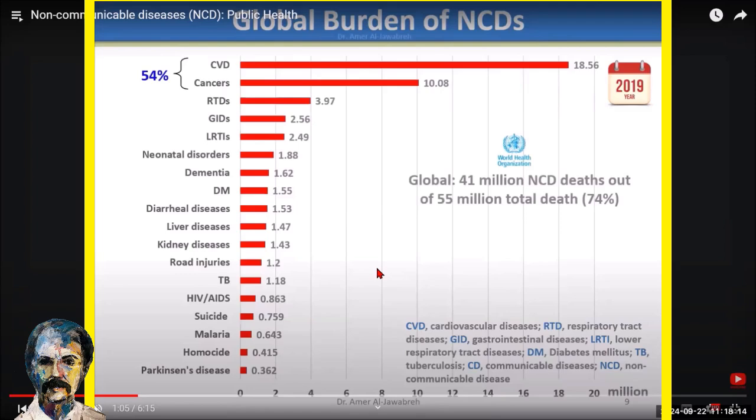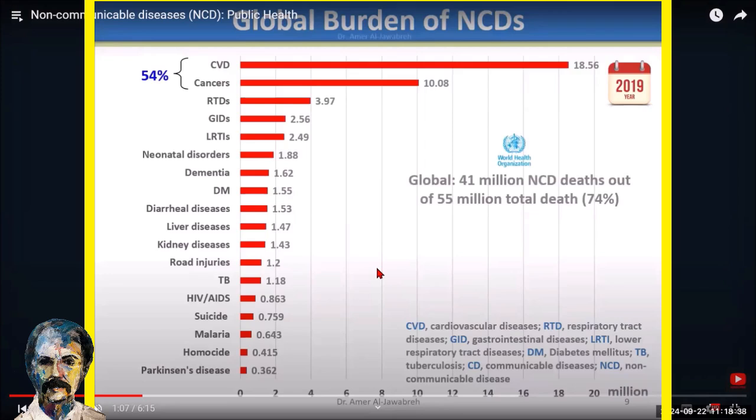So globally, 55 million. Out of these, 41 million are NCDs. Talking about three quarters of the cases. So which is more severe and more serious, CDs or NCDs? NCDs. But which of them has the biggest propaganda?